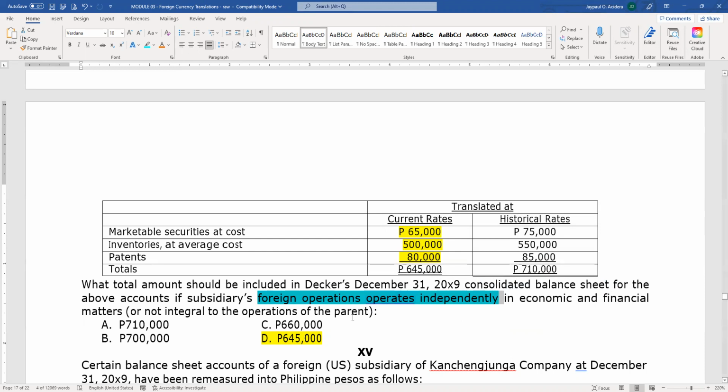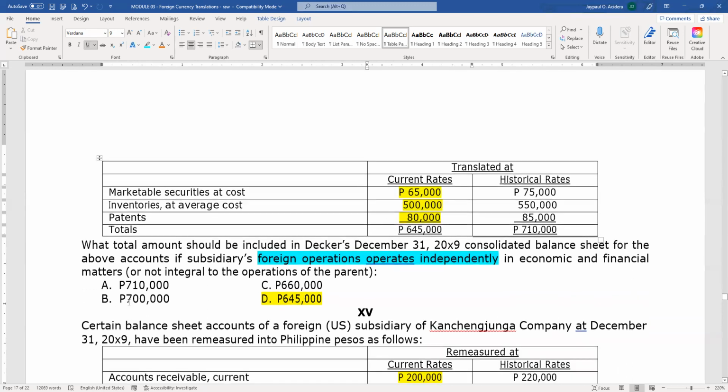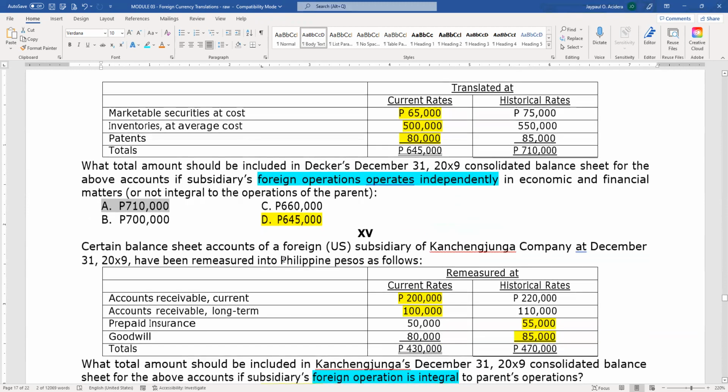So the answer here is 645,000. Simply get all or simply use the current rates. Okay? So magiging letter A yung sagot, 710,000. If sinabi dito, sinabi sa problem that foreign operations is integral to the parent's operation.